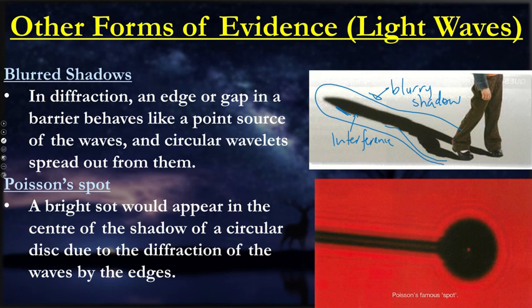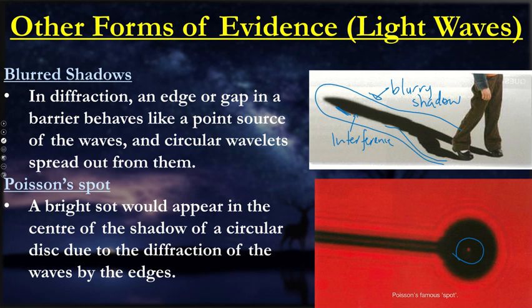The idea is that the shadow of a circular disc, which does not have anything in its center, still manages to produce a bright spot in the center of the shadow. If light behaved like a particle, like we said before, you shouldn't see that. It should be completely dark.